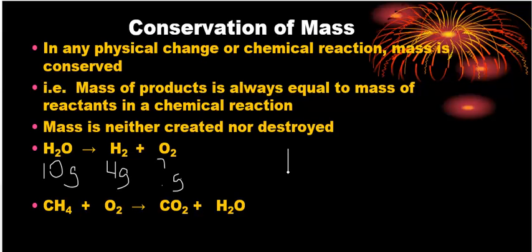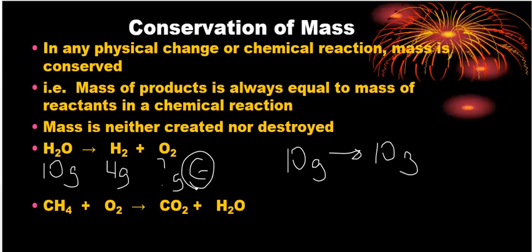Because if I start off with 10 grams on the reactant side, I have to end up with 10 grams on the product side. And so just by simple subtraction, that leaves me with 6 grams of oxygen. So the law of conservation of mass allows us to determine the mass of a product or a reactant if we know all the other products or reactants.